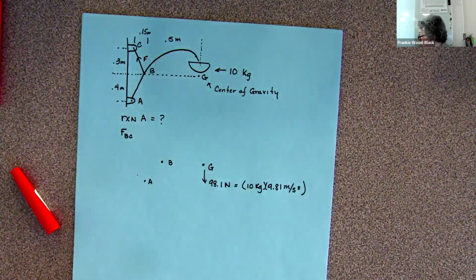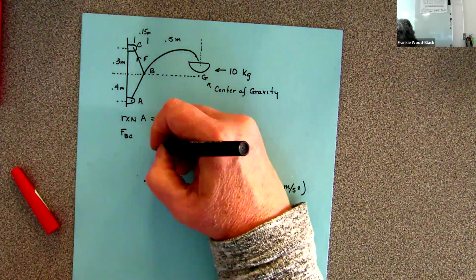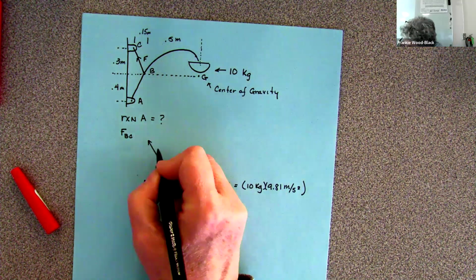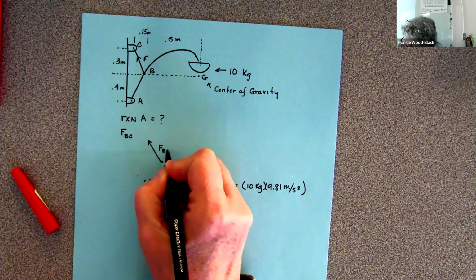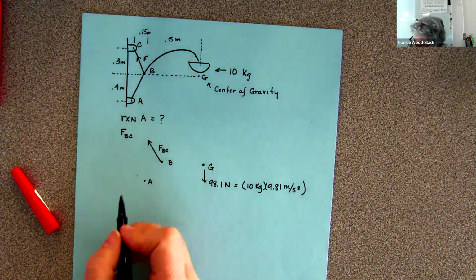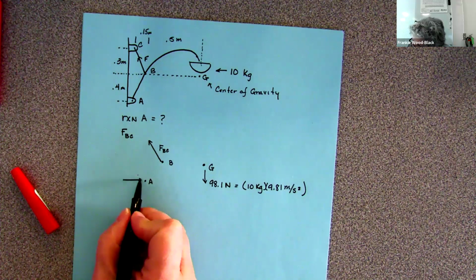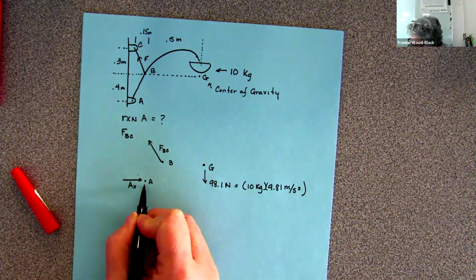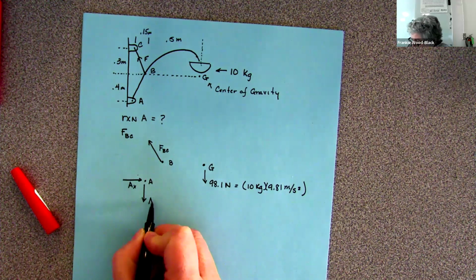So I have my force there. This is my force BC. And then I have my reaction, my AX, and I'm going to go ahead and do this one down as AY.